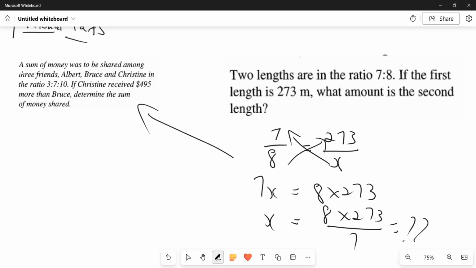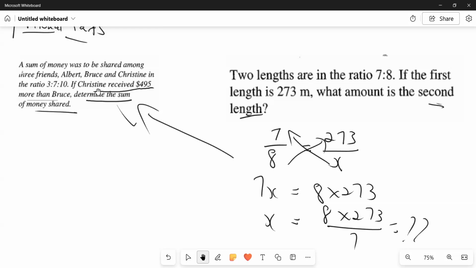They say Christine received $495 more than Bruce. And you have to determine the sum of money to be shared. So it's a more technical problem that requires some other bit of reasoning and technique to solve, right?